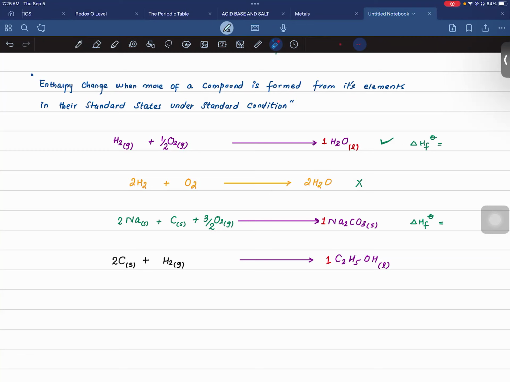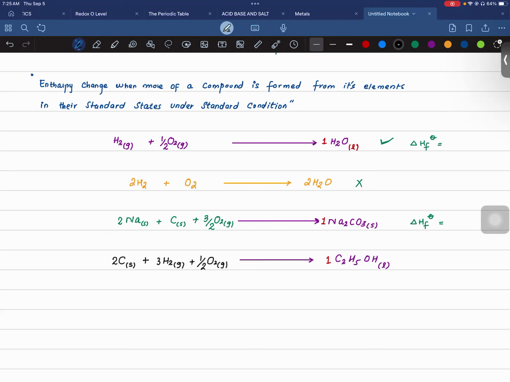Basically, how many hydrogens do I need? I am supposed to write three over here. Then I need oxygen gas. So this is one oxygen. How am I supposed to make this into one?